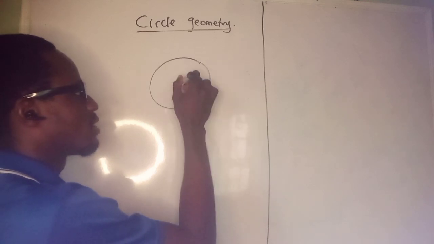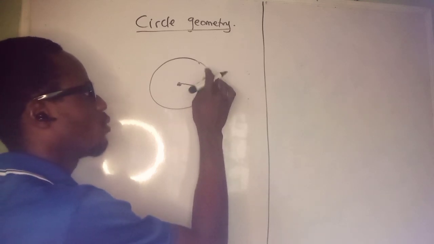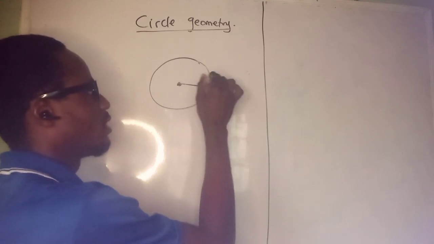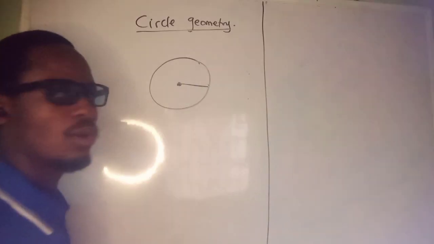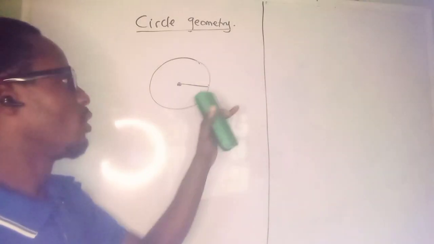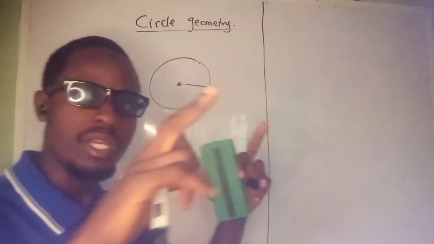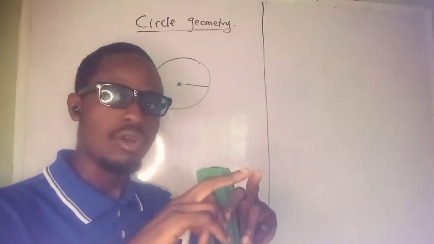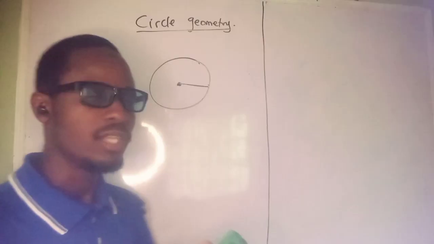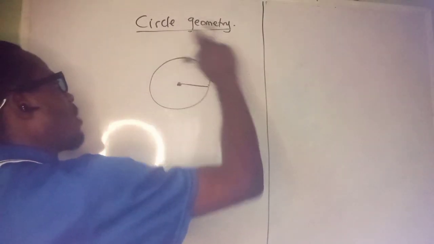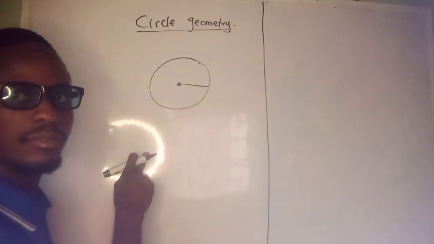The distance from the center of a circle to any part of the circle is called the radius. Now this part of the circle is called the circumference. The complete curve that bounds the circle is called the circumference. So everything around here is the circumference.